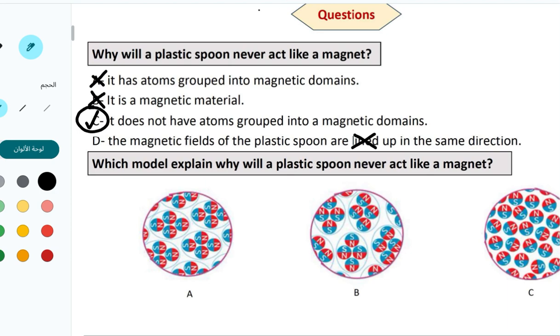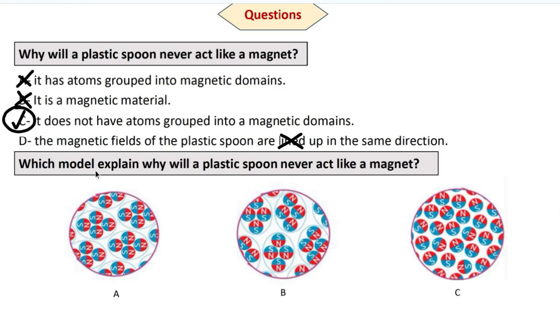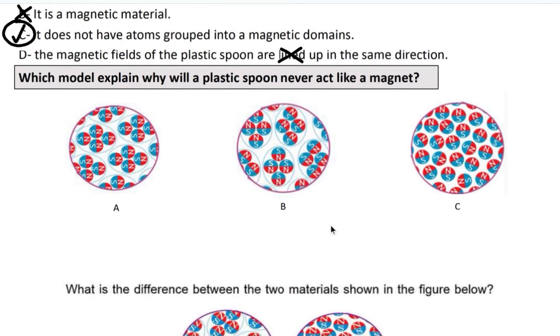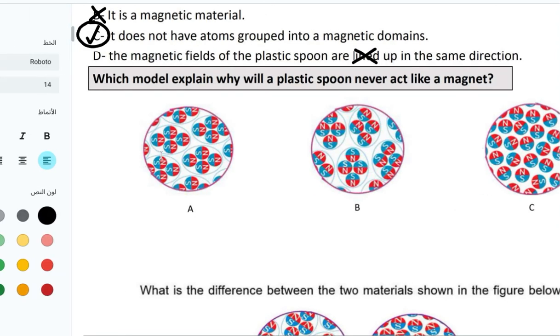Now let's look at our next question here. Which model, A, B, or C, explains why a plastic spoon will never act like a magnet? We can see here that we have magnetic domains all facing in the same direction. So we're going to go ahead and type in that this is a permanent magnet.